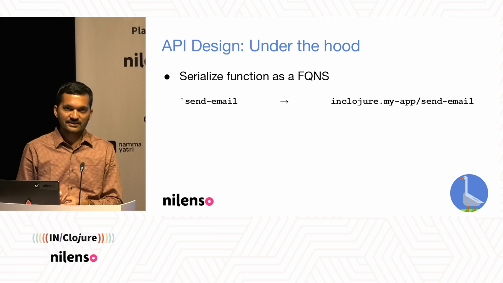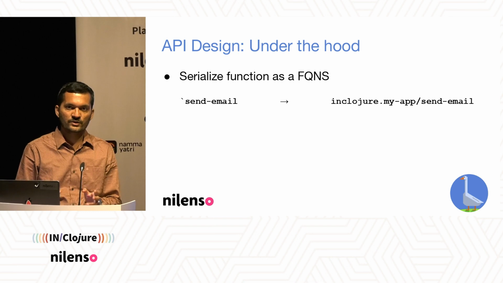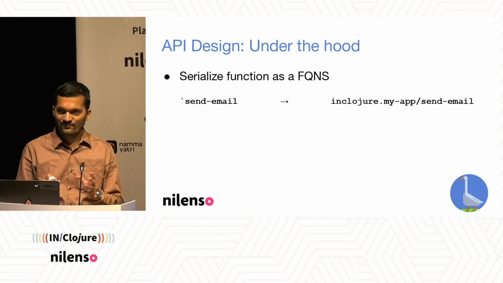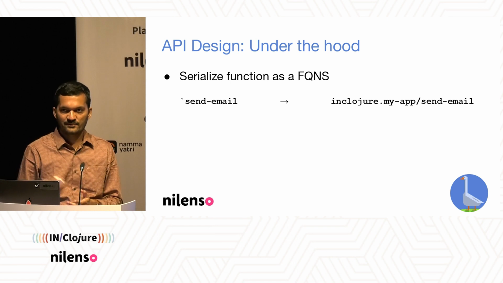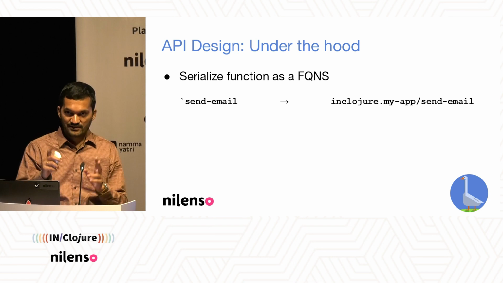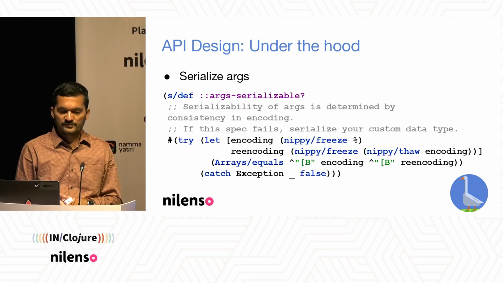One way to do that in Clojure is to take any name and change it to a fully qualified namespace symbol. So send-email with a backtick gets converted to the namespace, which is myapp, followed by the name. So this is one part. We'll see how this kind of serialization helps later.